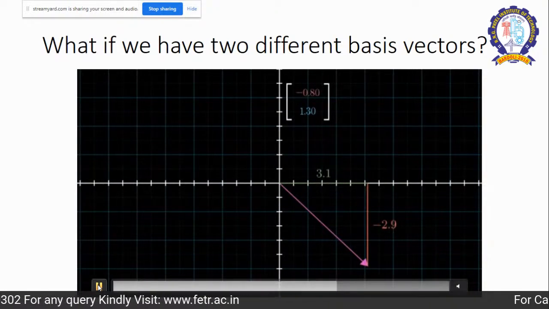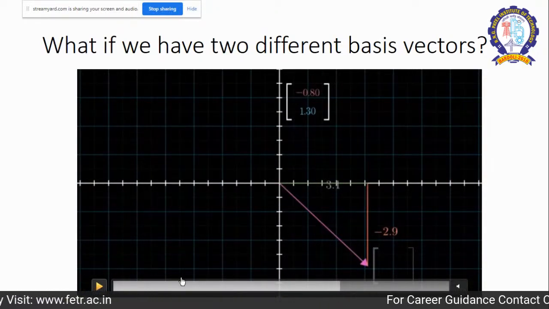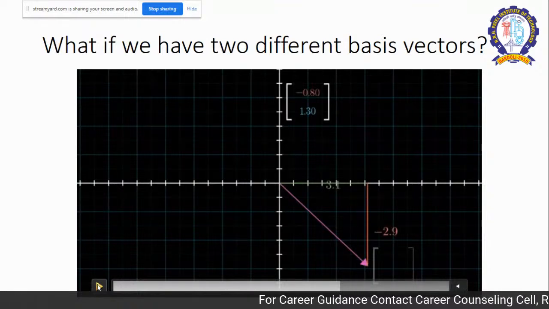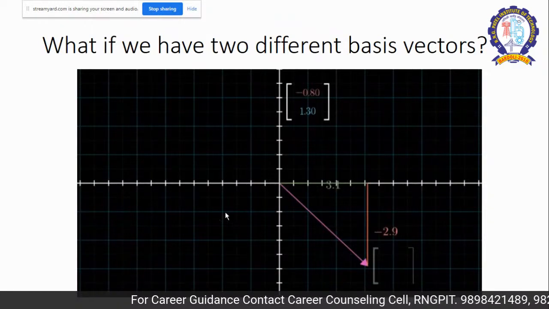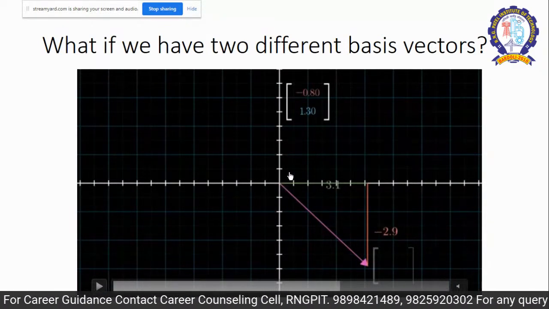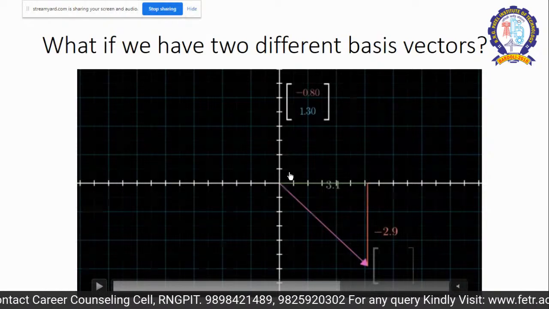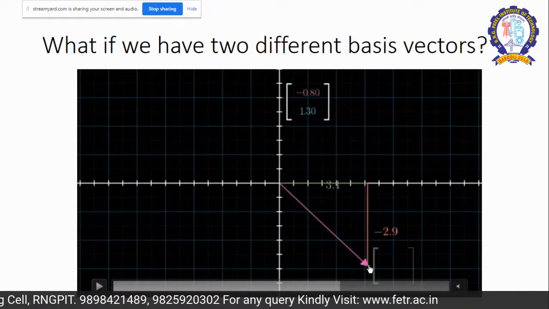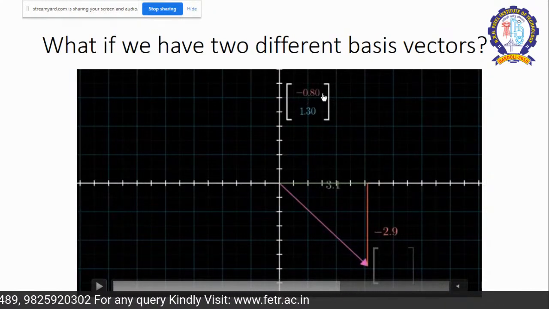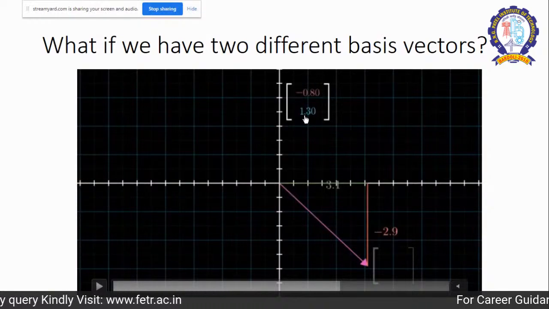This is 3.1 and -2.9. So here the basis vectors are different. First we consider any vectors as basis vectors, and take this particular point. It gives -0.80 and 1.30.